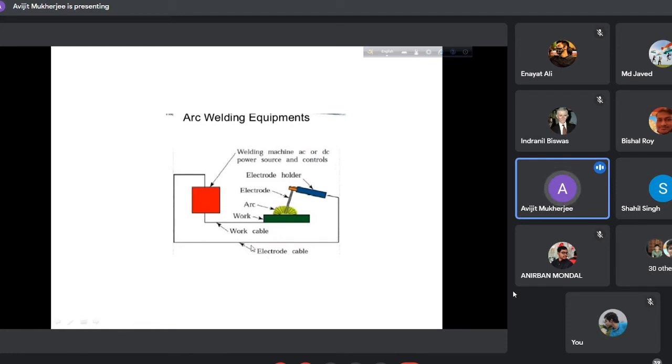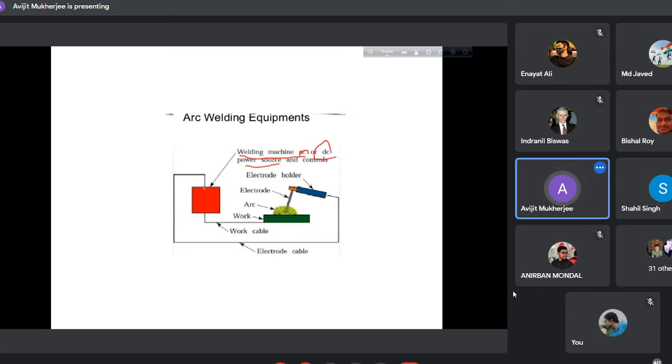This is a gross figure where this is the welding machine, either an AC or DC source, along with control, etc. So this is the machine. Whether it is DC or AC, we must have two terminals, positive and negative.